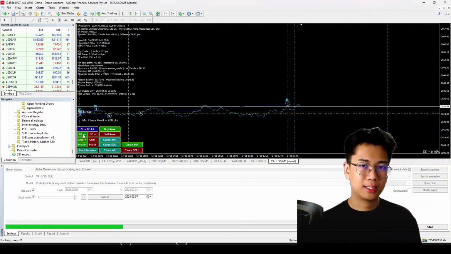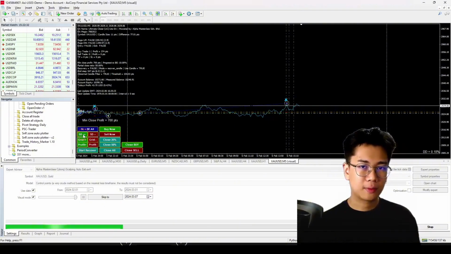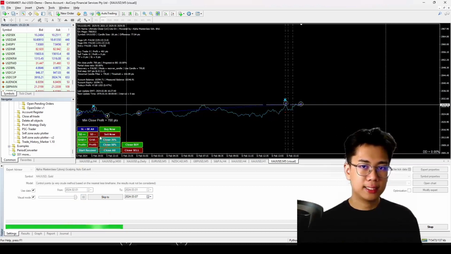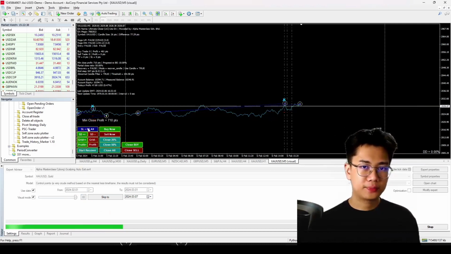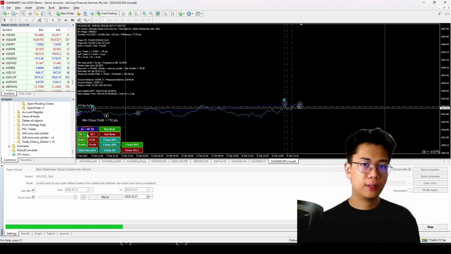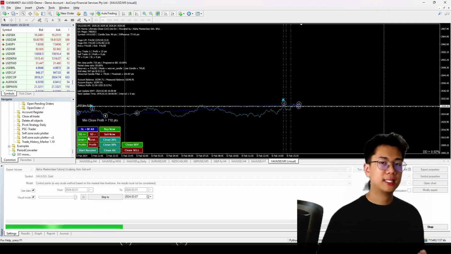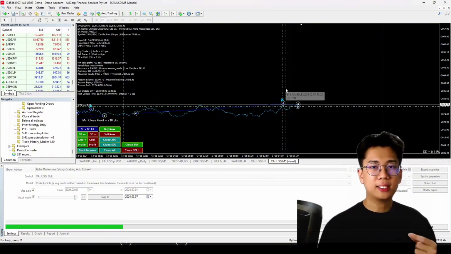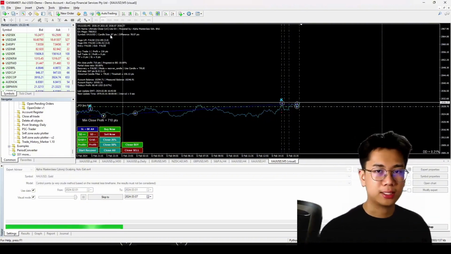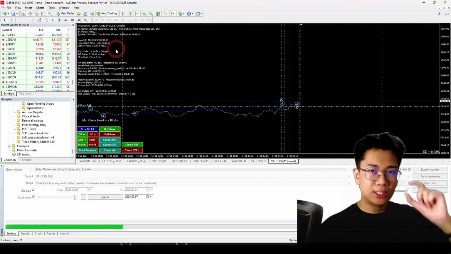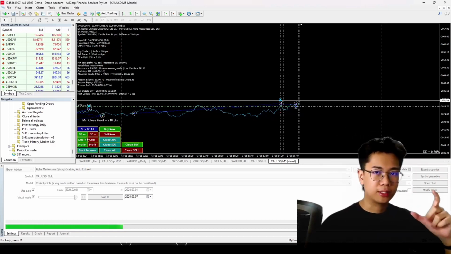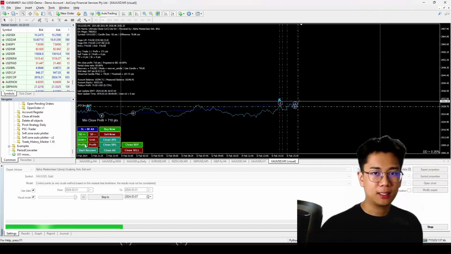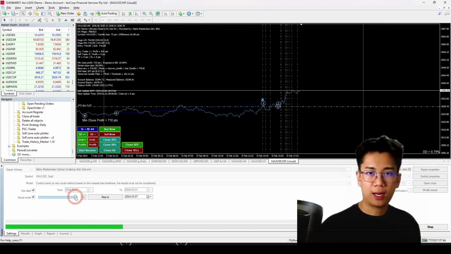At the same time, increase the sensitivity. Sensitivity means don't close the trade too early, right? So this is 3.0. It means at least 3 times the candlestick size before it closes, as big as 3 candlesticks. So right now it will hardly close my trade.